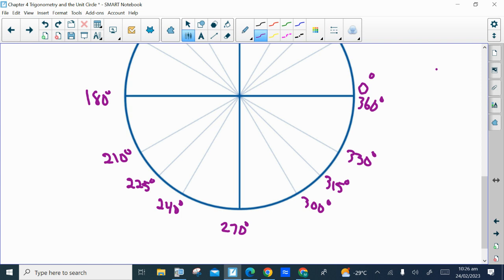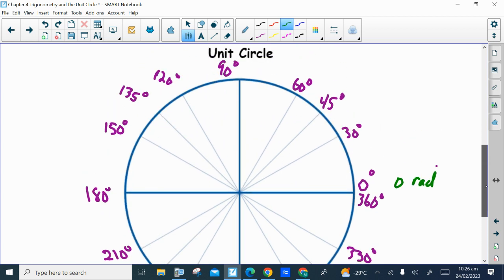But now we're going to go around in terms of radians as well. So we'll start here with 0 or 0 radians. Remember, if you don't have a unit, it means it's in radians. So let's first go around in terms of 90 degrees, which we know is pi on 2 radians. So 90 degrees is pi on 2.